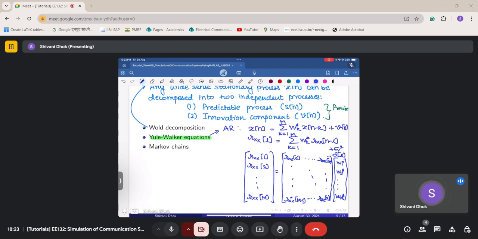So we wrote this thing as P. This is, let's say, R, and this is W. So you have P is equal to R into W. So we are interested in this weight matrix, and this particular relation is saying that we will have a unique W matrix for a particular process.